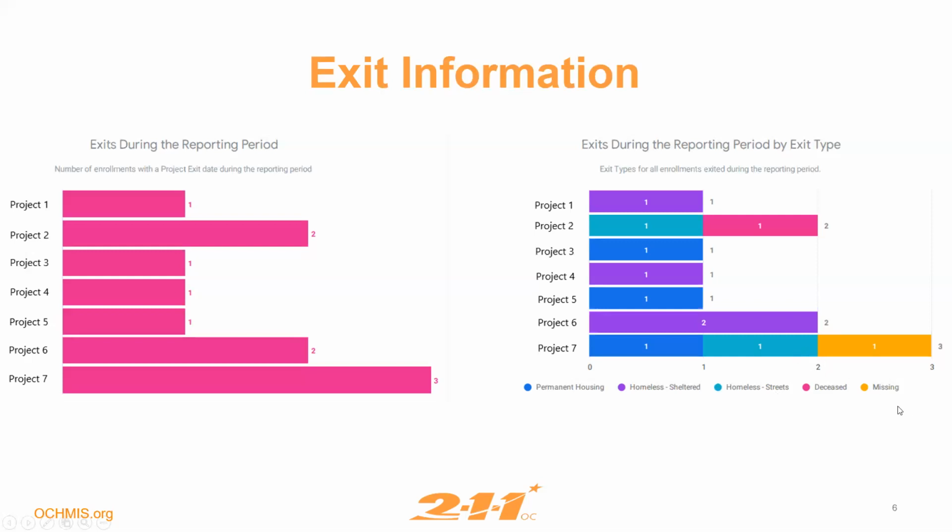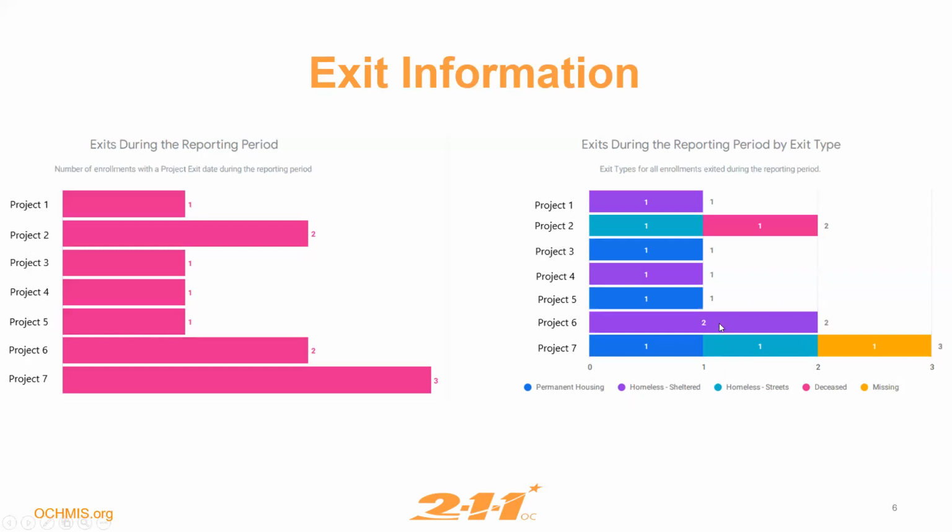We also have deceased and missing on here. And then I think also temporary and institutional settings, that just didn't apply for this agency I was looking at, but those are also options. Deceased is kind of its own thing because it didn't fall anywhere else.